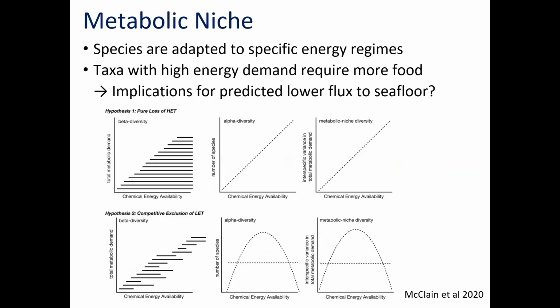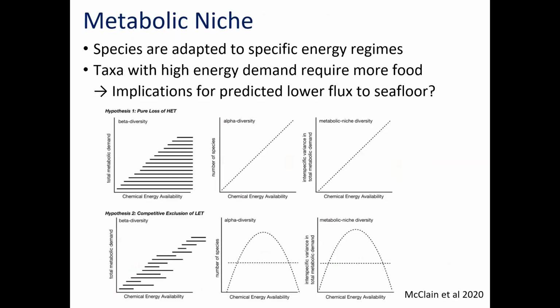In trying to think about how to go from the information that we're collecting about individual metabolisms to making predictions on the broader scale about change in the system, I came across an interesting idea that talks about the metabolic niche of individual taxa, meaning that certain species are adapted to a particular energy regime.